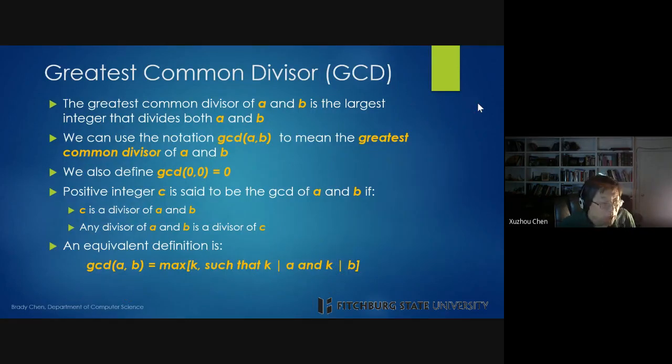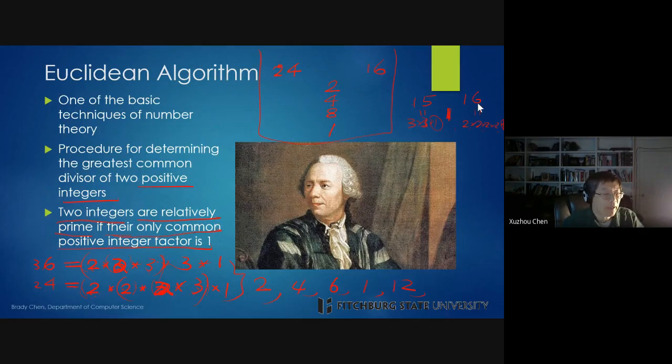Now, one of the important common factors is something called the greatest common divisor. You can list all the common divisors, and then the largest one is the greatest common divisor. So 8 is the greatest common divisor between 24 and 16.